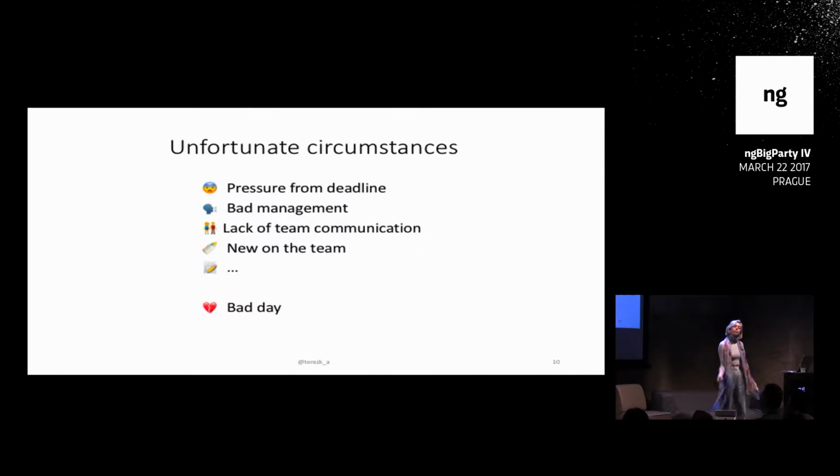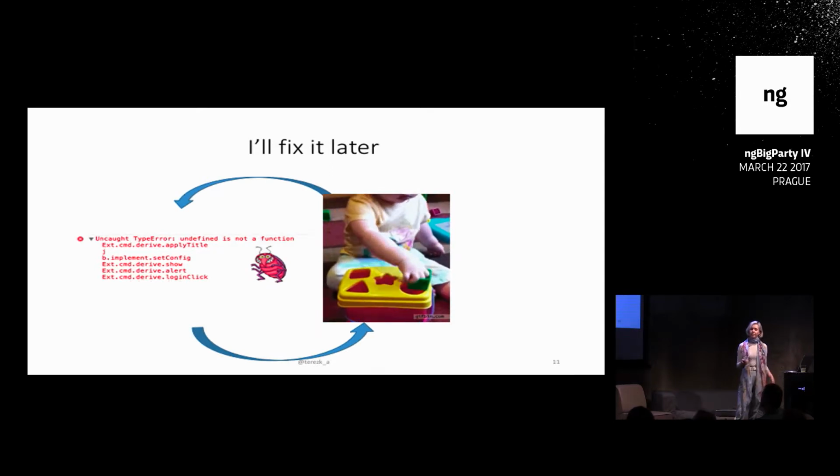Lack of team communication can cause you to write some bad code, and maybe you're just new on a team, maybe you're just having a bad day and you just want to go hang out with your kids or stare into the ceiling like I do. These are perfectly legit reasons to skip over doing things in the right way.